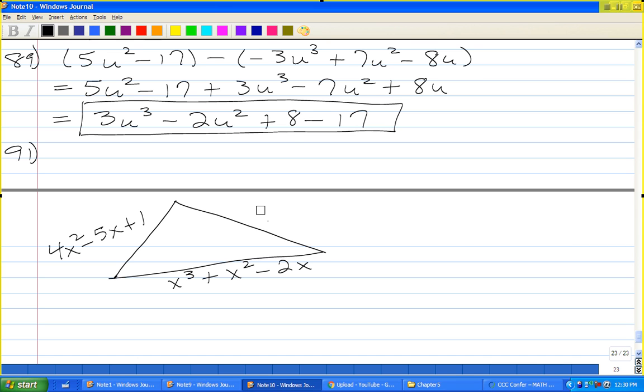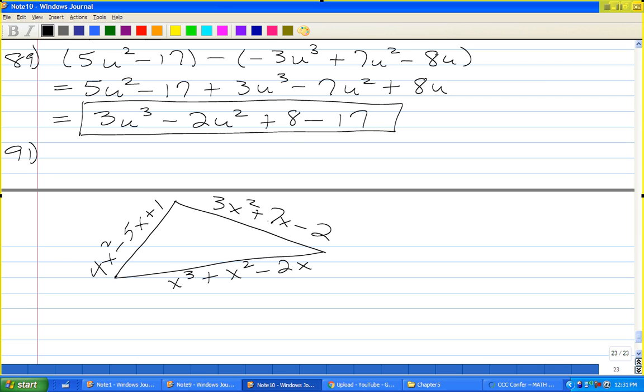And so it is 3x squared plus 7x minus 2. Okay, and let's get this at a nicer angle. Four x squared minus 5x plus 2 plus 1.